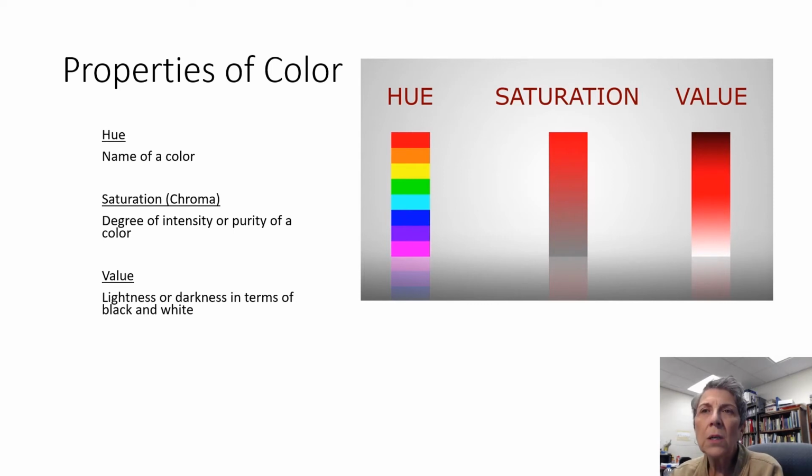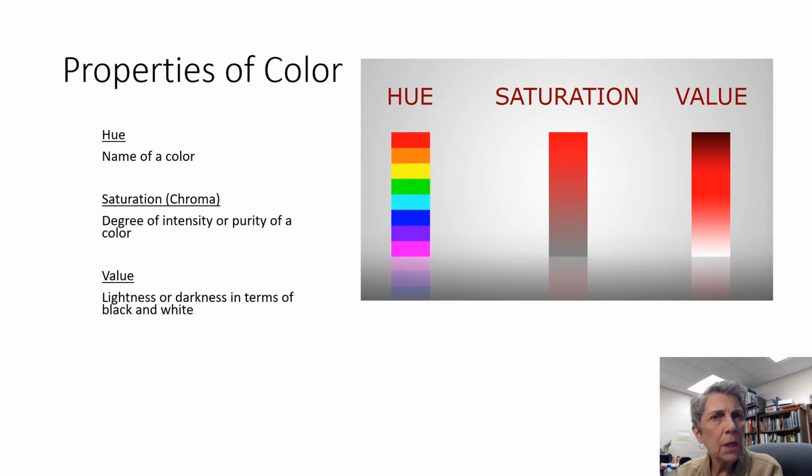Well, this is a hard concept to understand, but color has value in it. Now, value is black to white and all the grays in between. Black and white is not a color. It's value. And so let me give you an example.